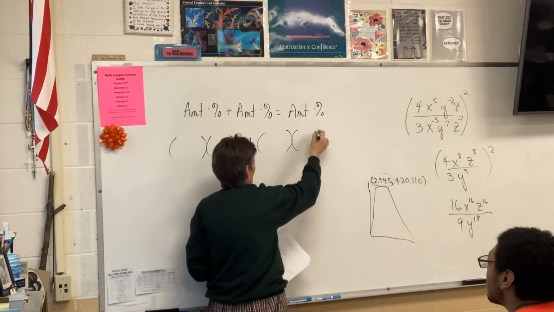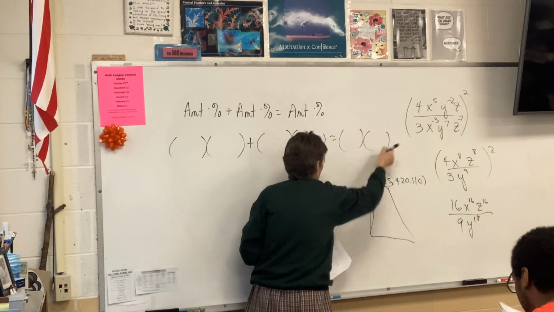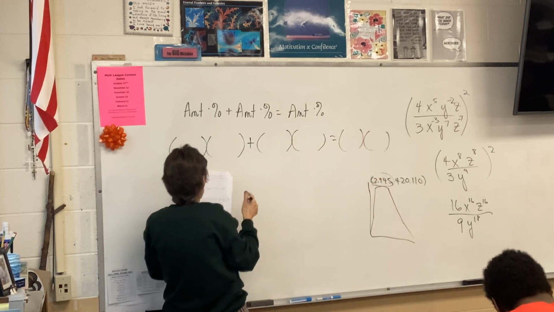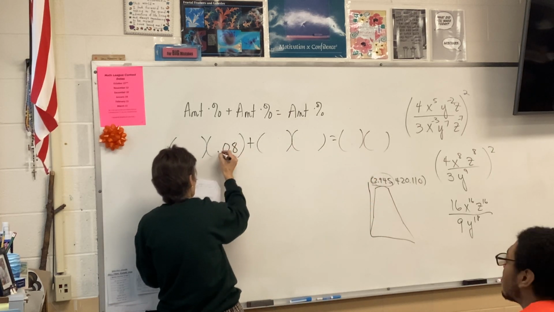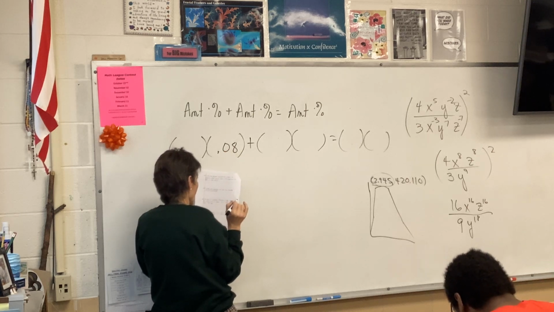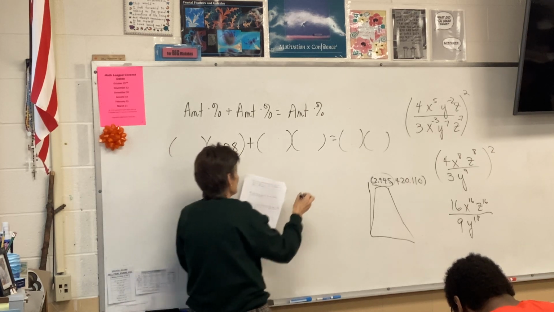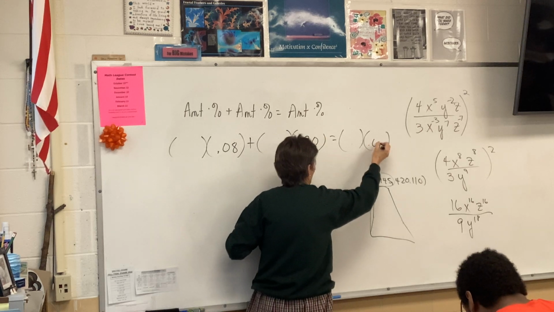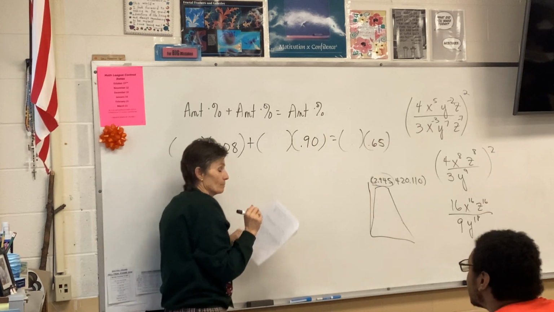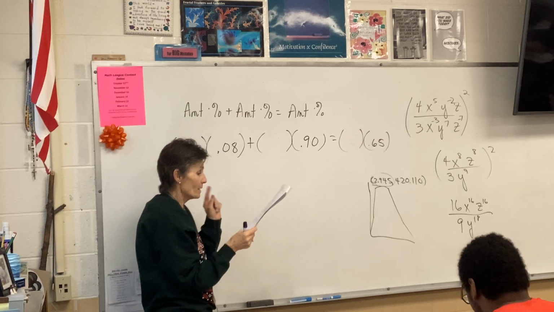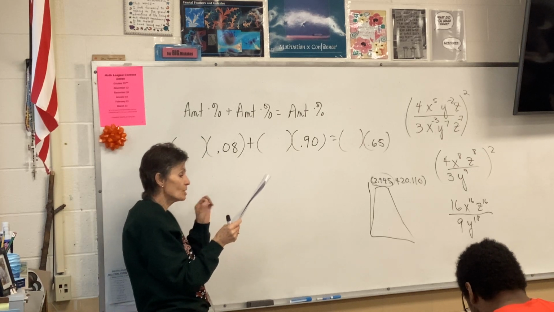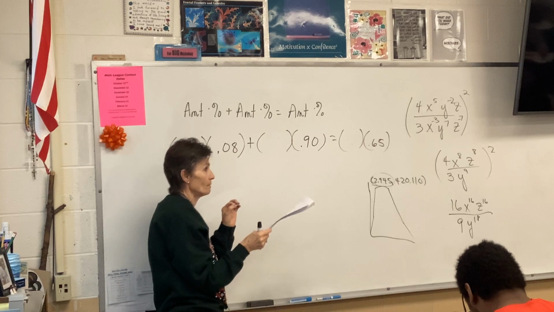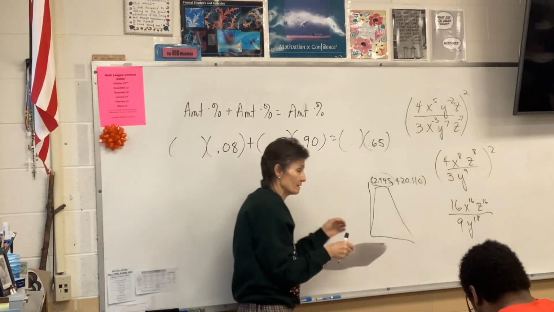And then let's fill in all of the percentages, because those are the easiest. We have 8%. Now remember, 8% is 0.08. We have 90%, and we have 65%. We also have the number 100 in the problem, and what does that do?